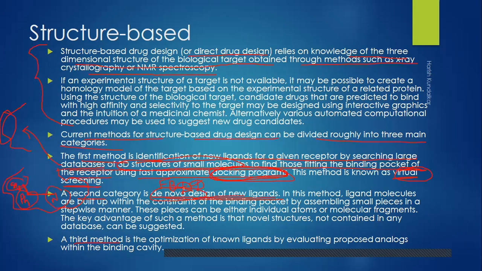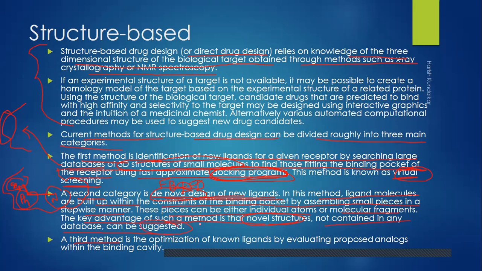That is fragment based drug design. In this method, ligand molecules are built up within the constraints of the binding pocket by assembling small pieces in a stepwise manner. These pieces can be individual atoms or molecular fragments. The key advantage of such a method is that novel structures not contained in any database can be predicted, suggested, and designed.